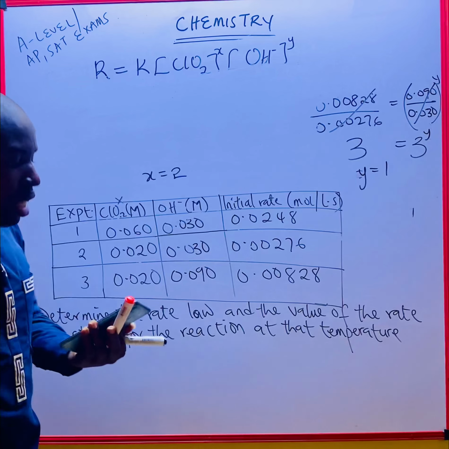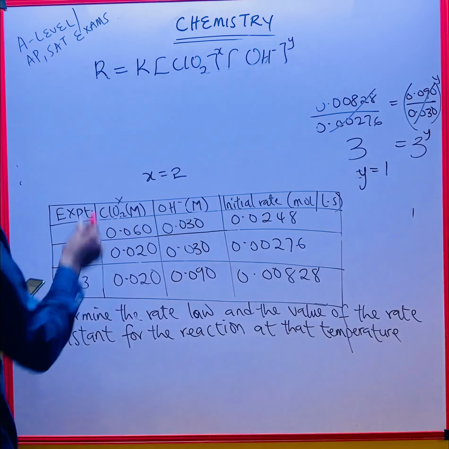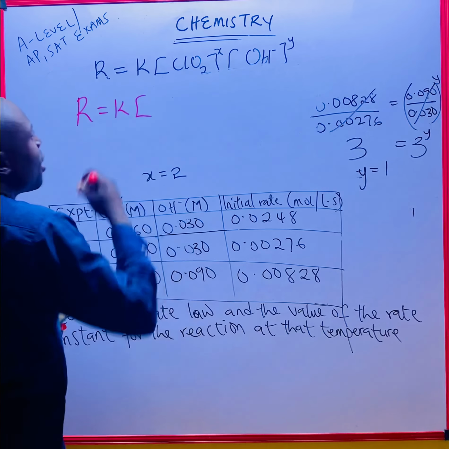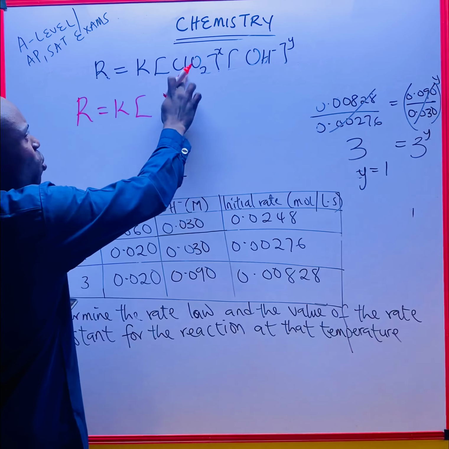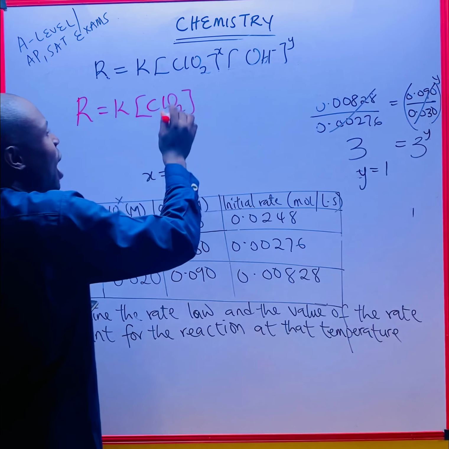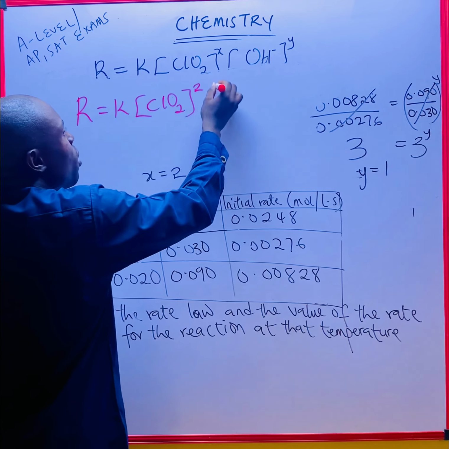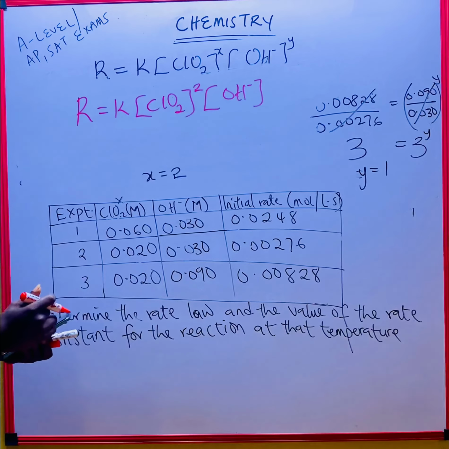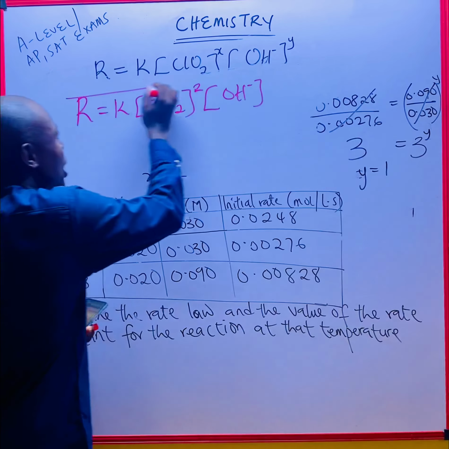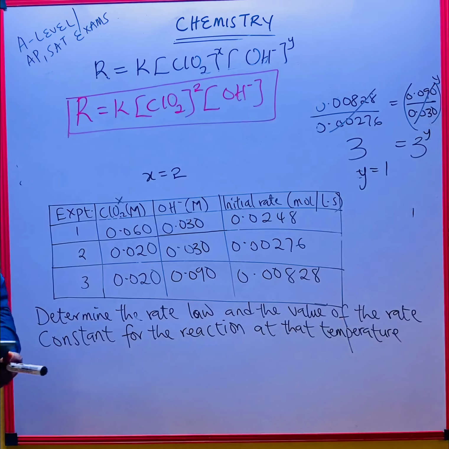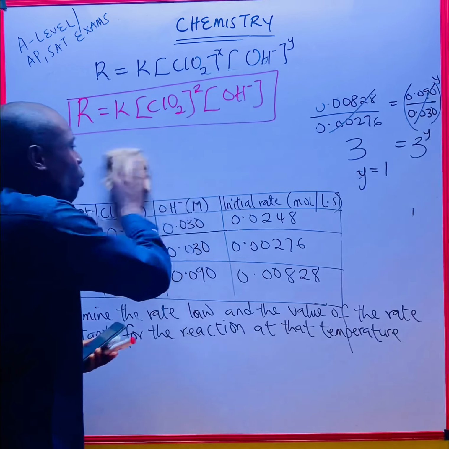Now we come back to say the rate law, which is R, is equal to K. I've already gotten the power of this chlorine dioxide to be 2 and the hydroxide ion to be just 1. So this is the rate law for this reaction.